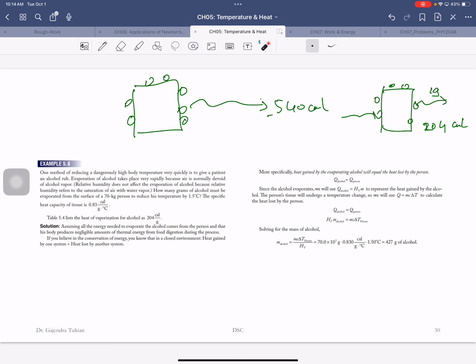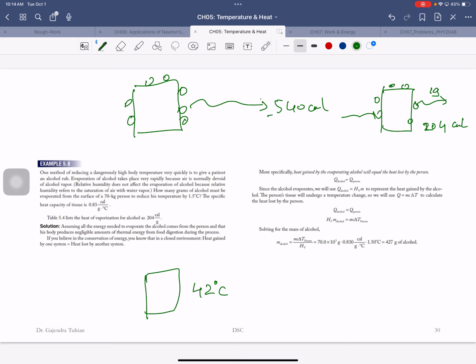So what this problem goes through is the following: a 70 kg person. That's roughly my weight. Okay, if you want to reduce the temperature by 1.5 degrees Celsius. Let's say my body temperature goes to 42 degrees Celsius, and we need intervention.